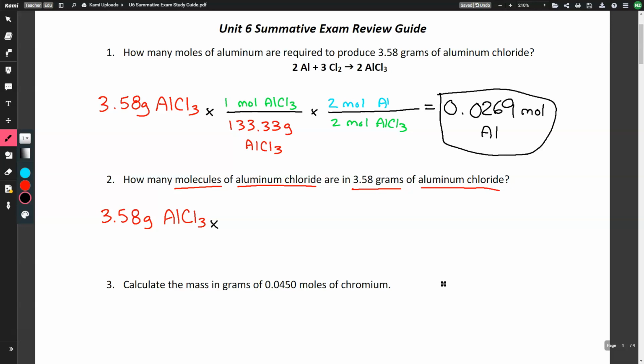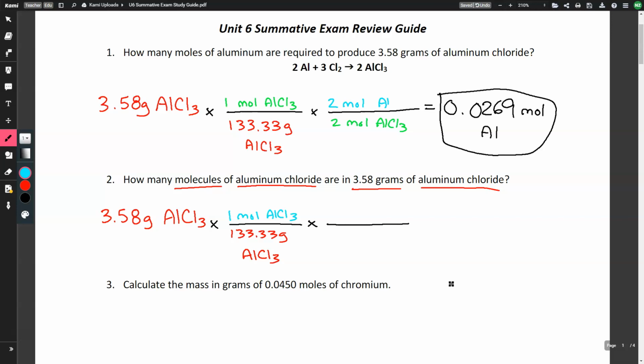We're going to need 1 step to go from grams of aluminum chloride to moles of aluminum chloride, and then another step to go from moles to molecules. Again, we'll use the same molar mass here, 133.33 grams of aluminum chloride. That's how many grams are in 1 mole of aluminum chloride.